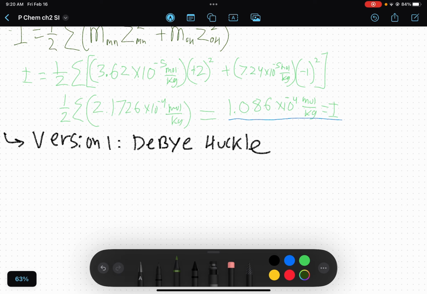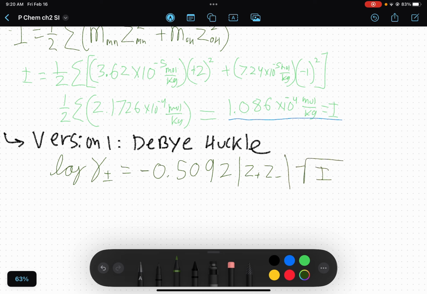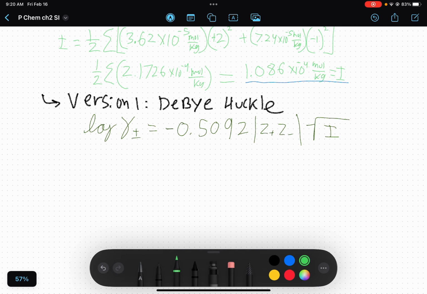So then the Debye-Huckel equation is log of gamma plus-minus is equal to -0.5092 times the absolute value of z plus, z negative, and then square root of I. Cool. So then to plug that in, I like to start with just moving the log over. So we raise 10 to the power of both sides, because that kind of gets rid of the log there.